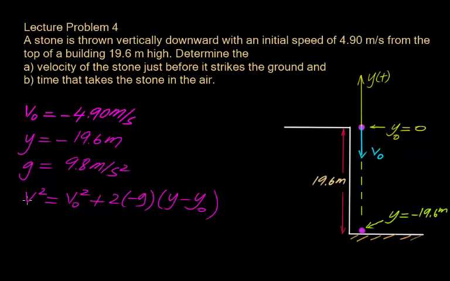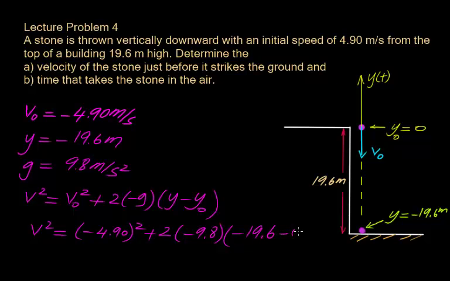Notice that y is known to us, as well as y0. Substituting for the known quantities, the final velocity is what we're looking for, v squared. The initial velocity is equal to negative 4.90, make sure you square it, plus 2 times negative 9.8. The y is equal to negative 19.6, that's important, minus the initial y, which is equal to 0.